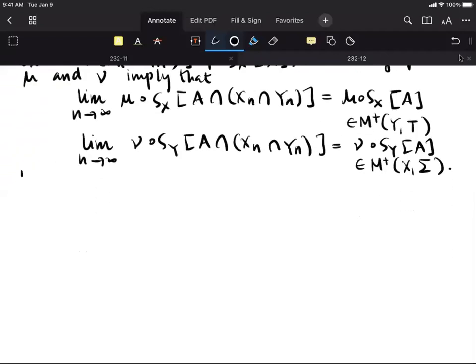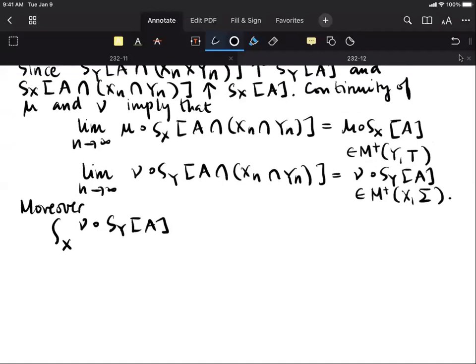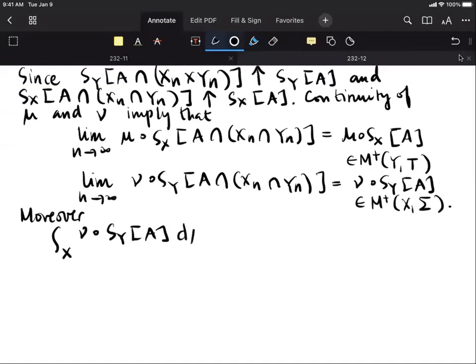Moreover, the integral over x of this composition, d mu, you apply here the monotone convergence theorem, so that this will be the limit as n goes to infinity of the integral over x of this section.